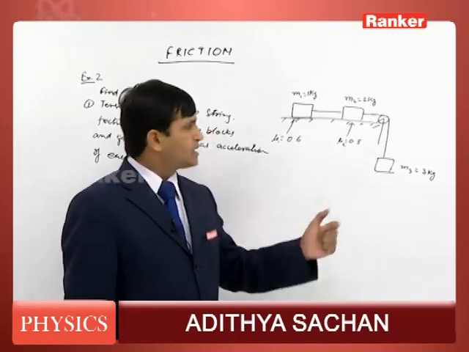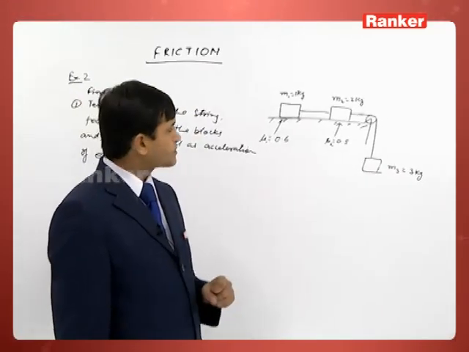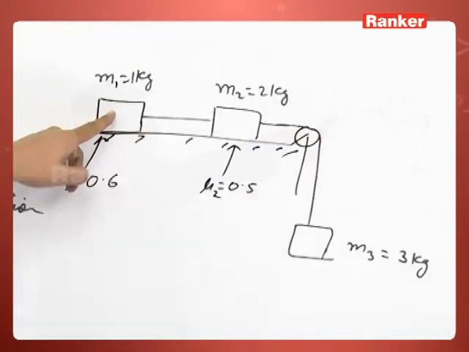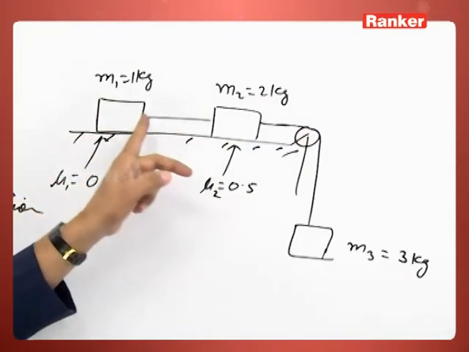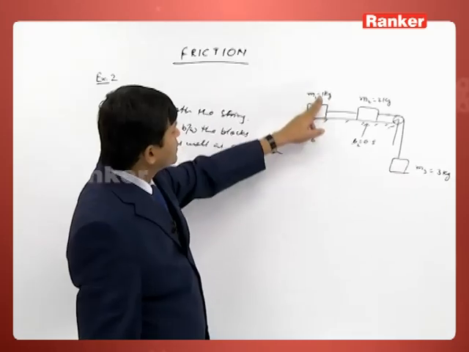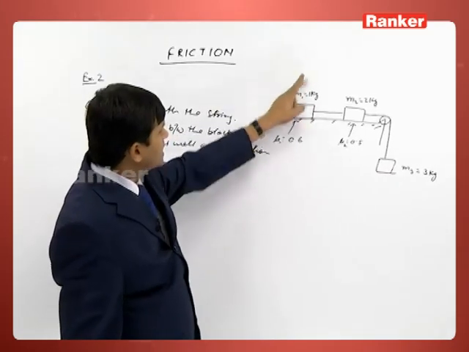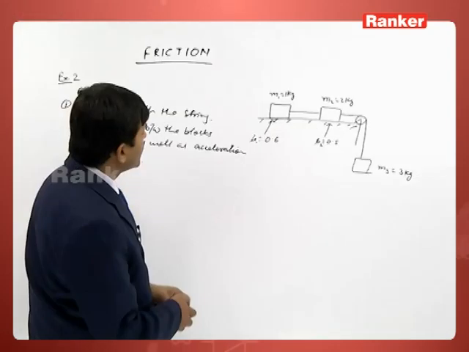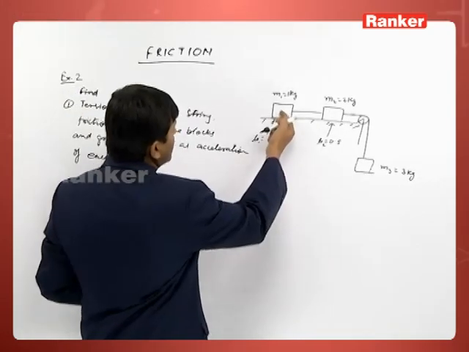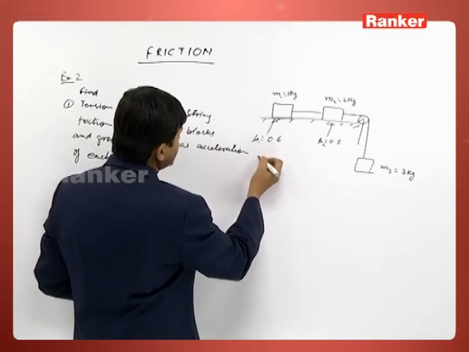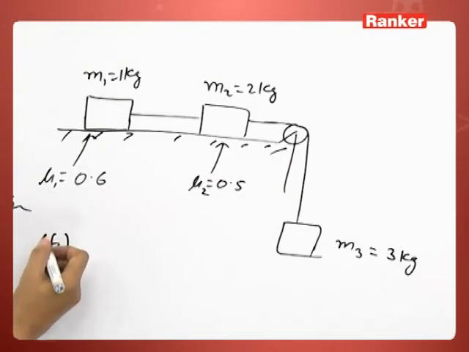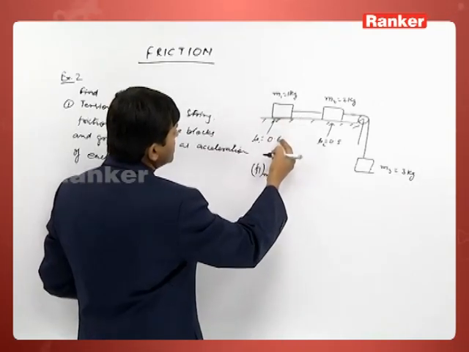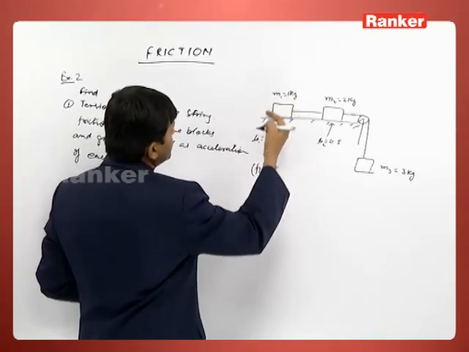So first, see here. If we are looking at this M1, the normal force acts in the upward direction and mg in the downward direction. I'm just calculating the maximum friction between the ground and this block. The maximum friction between block 1 and ground is mu1 into mg.